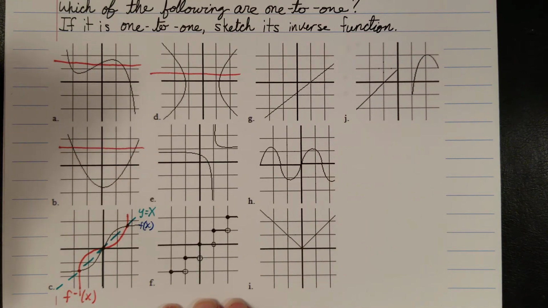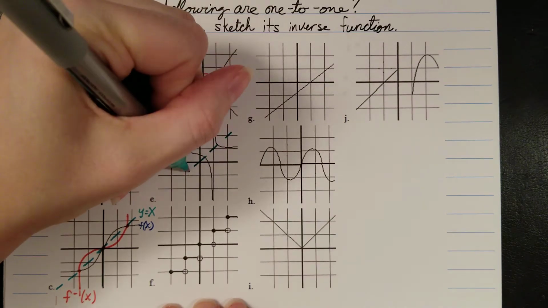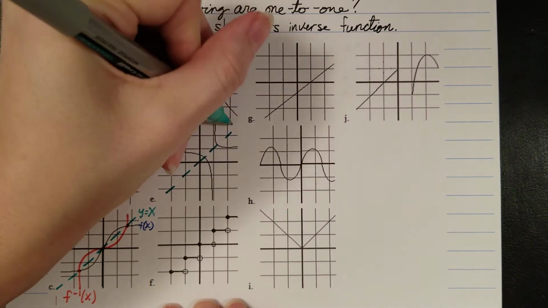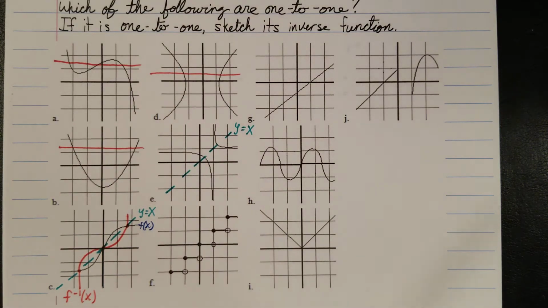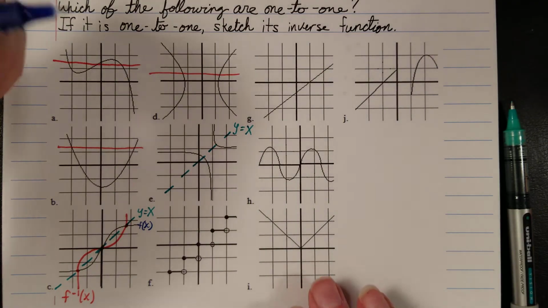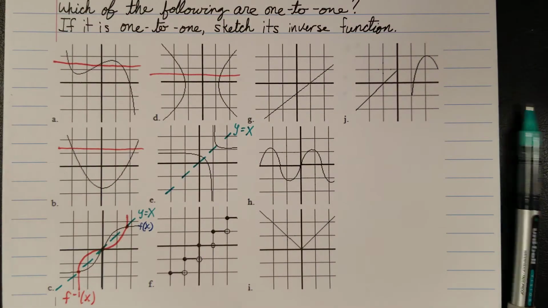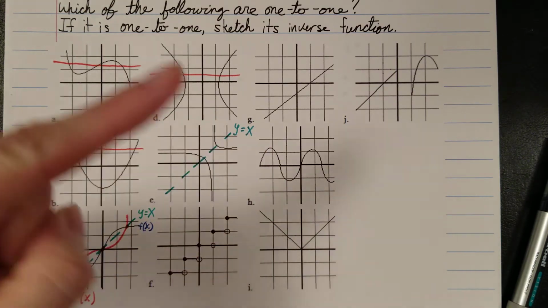Graph E is one-to-one. I'm going to sketch the axis of symmetry, which is the line y equals x. If you'll notice, the graph of f of x is already symmetric to that line.